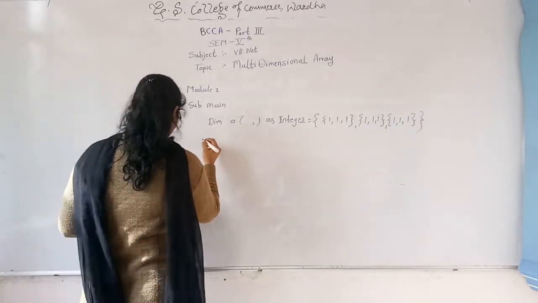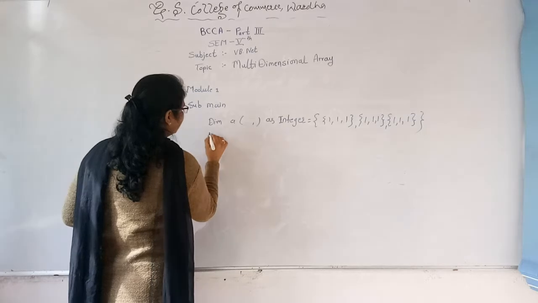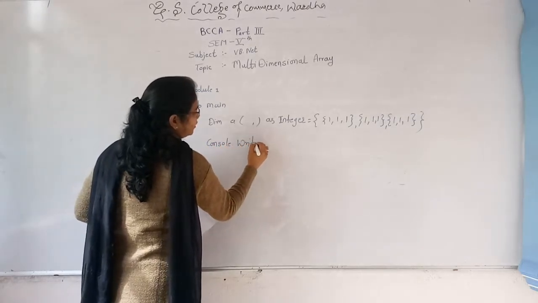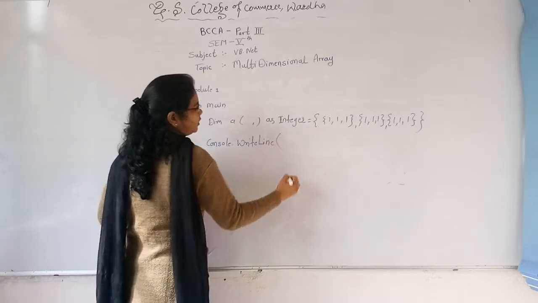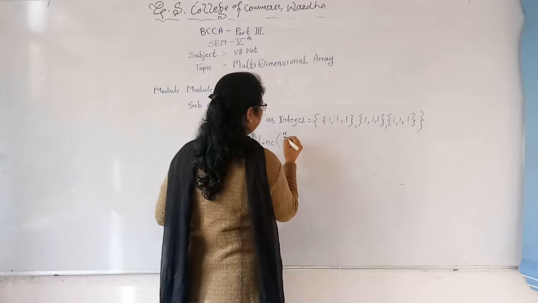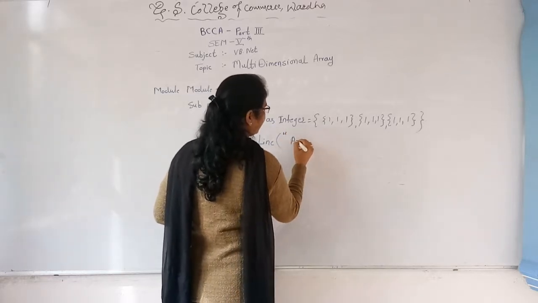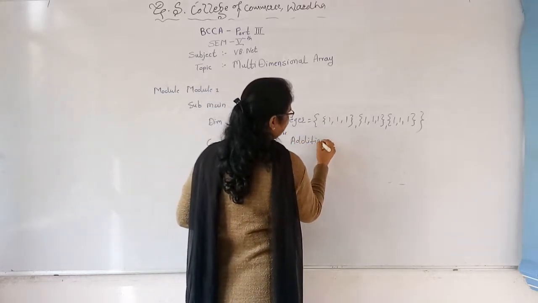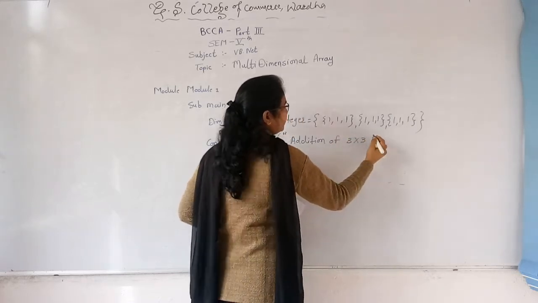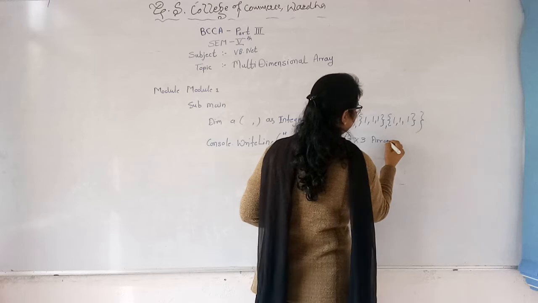Then just write Console.WriteLine. Here we display some message for the user, like addition of 3 by 3 array element.